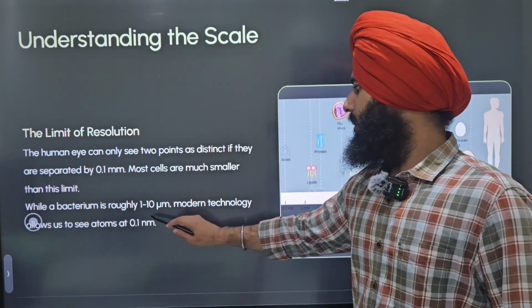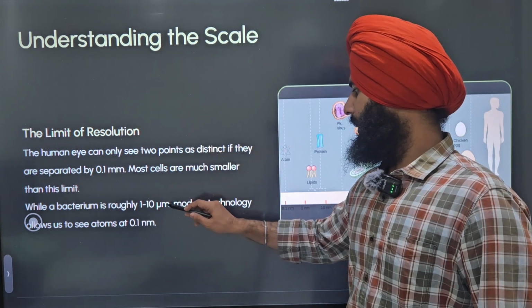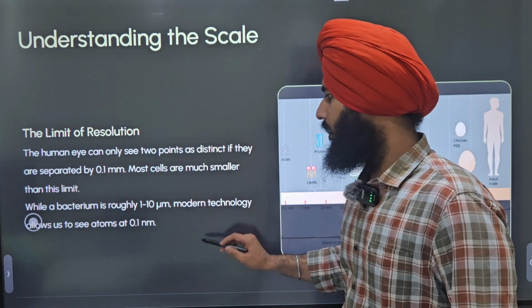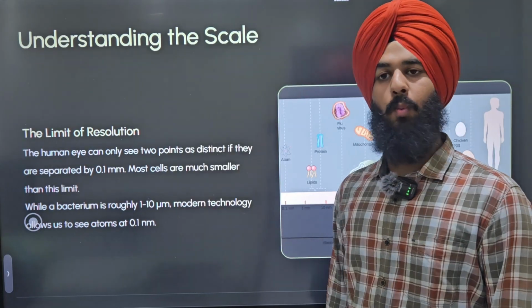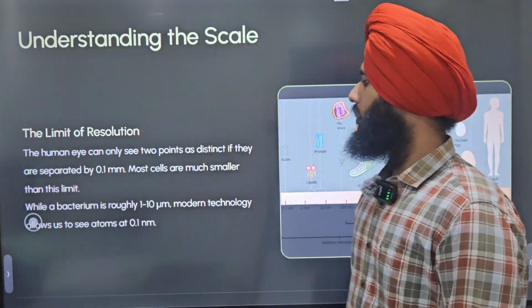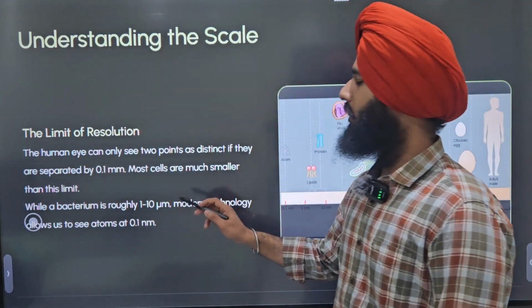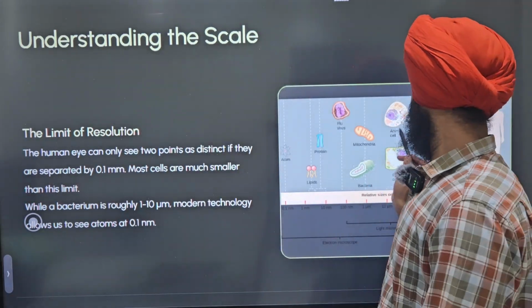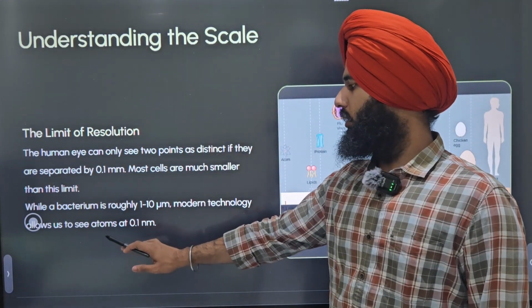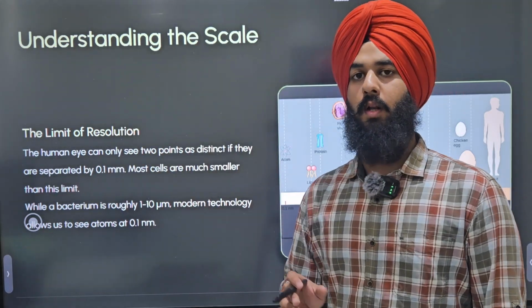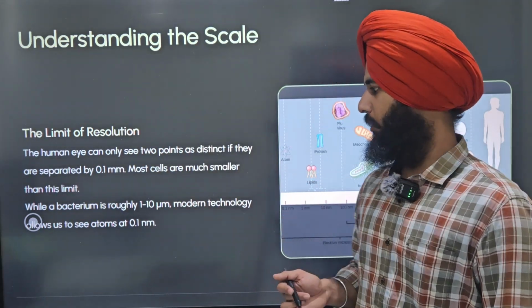While a bacterium is roughly 1 to 10 micrometer, modern technology allows us to see atoms at 0.1 nanometer, the electron microscope I was talking about earlier.